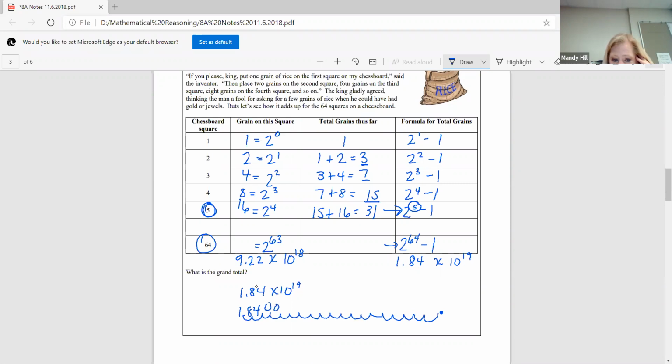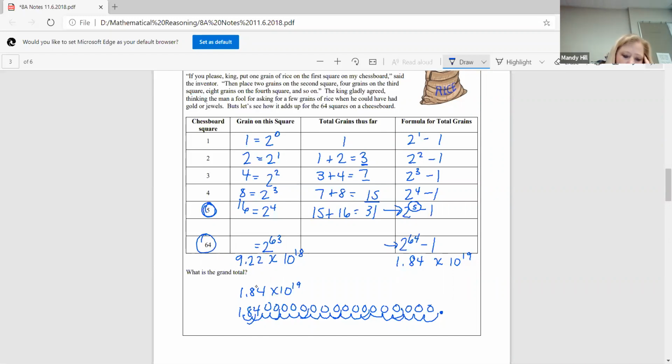All of these are zeros now because we have to put them to hold the place value. Okay. So if we go back and add our commas, we can see that this number is huge.